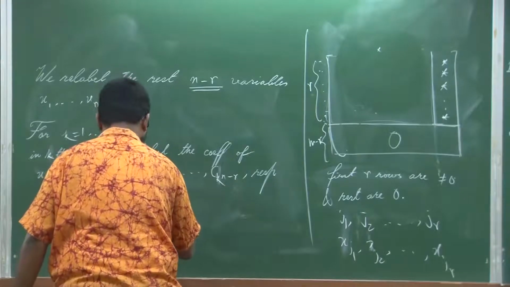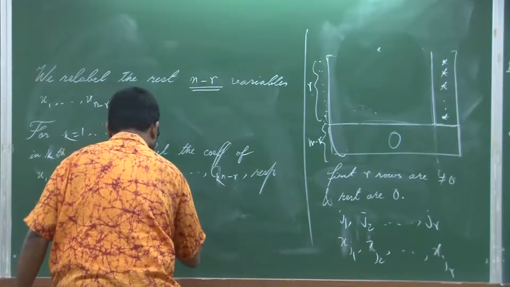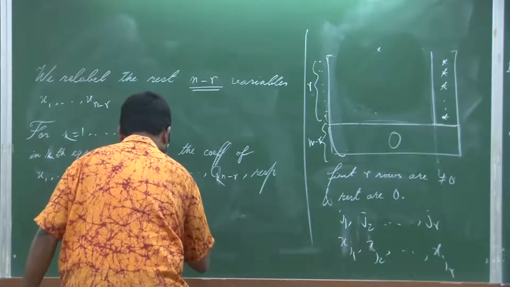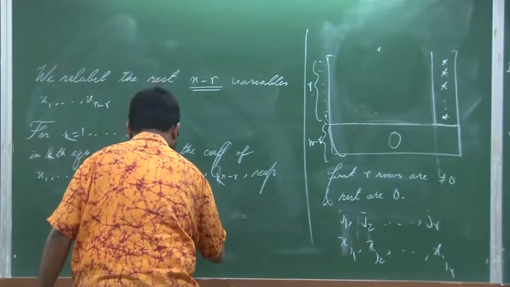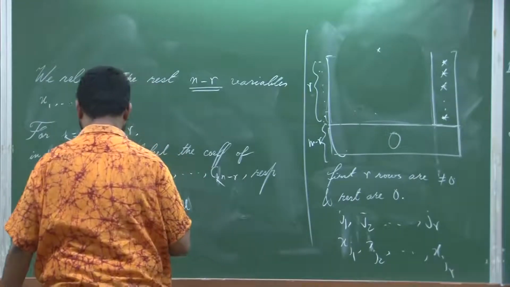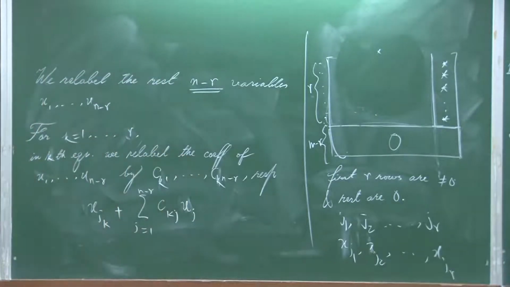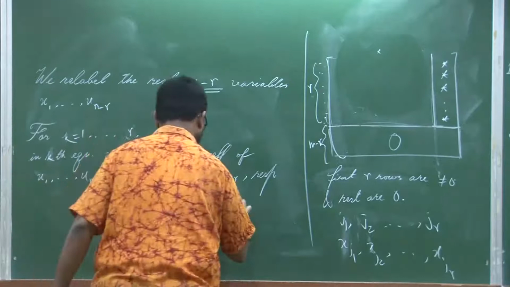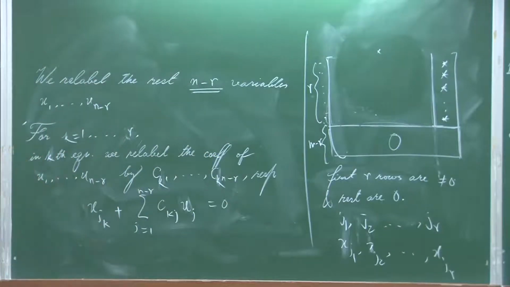So, it will be j from 1 up to n minus r, c_kj u_j. Okay. That is how the kth equation looks for any k from 1 up to r.